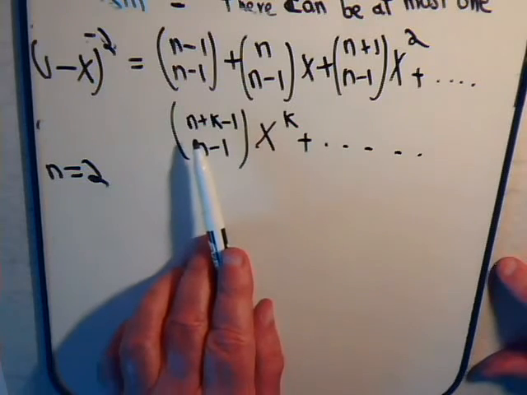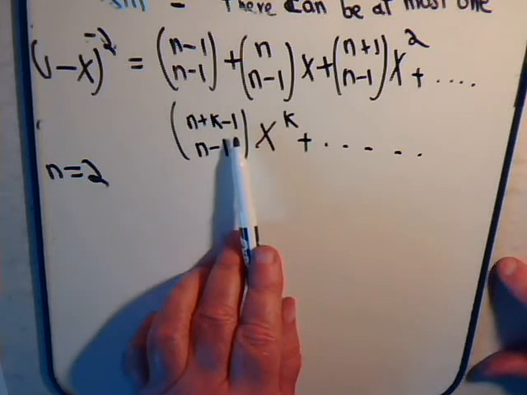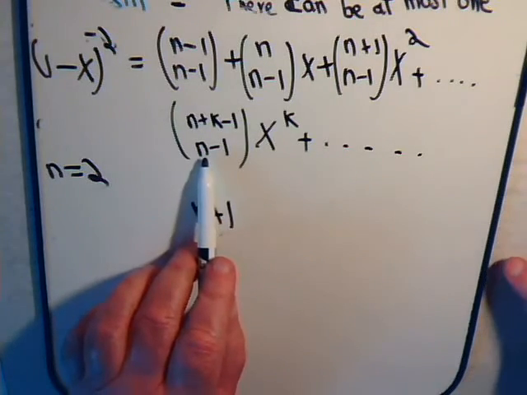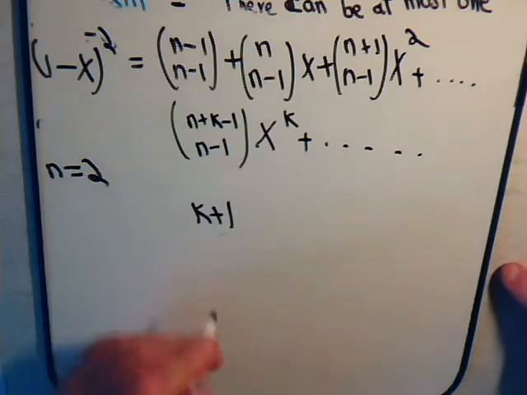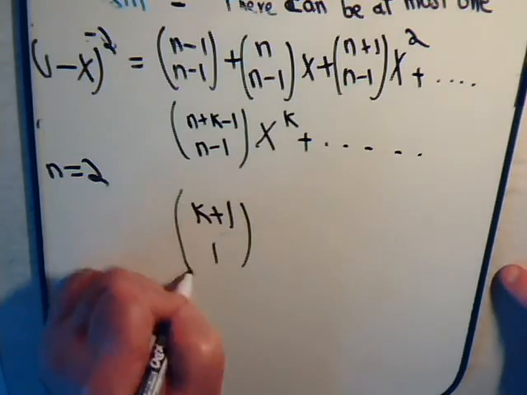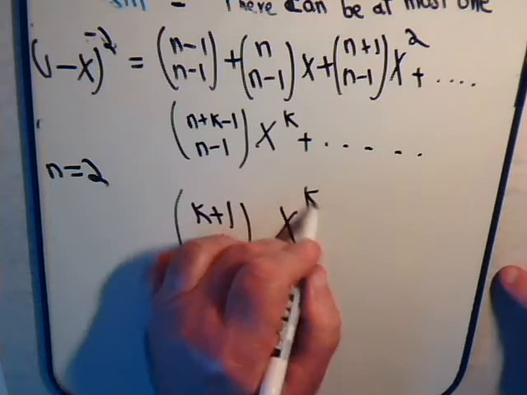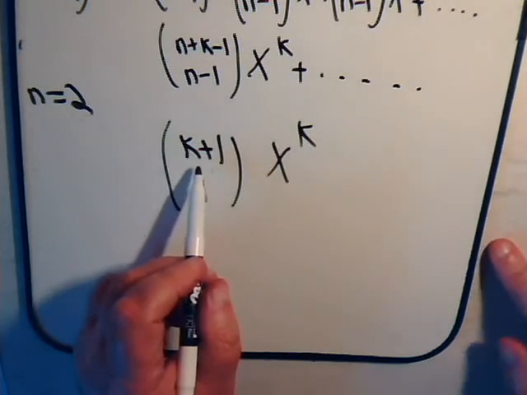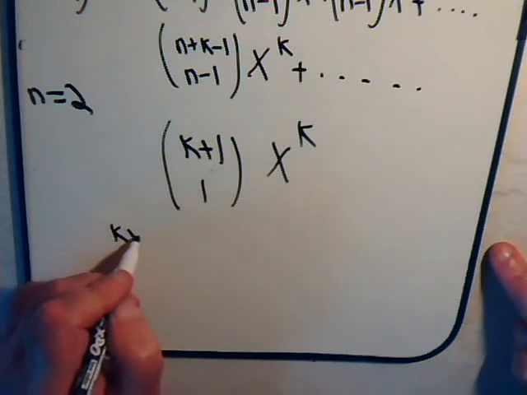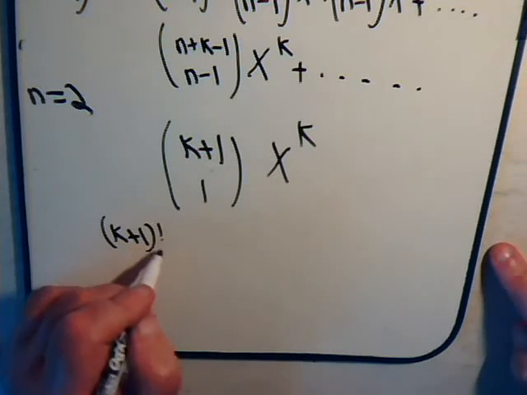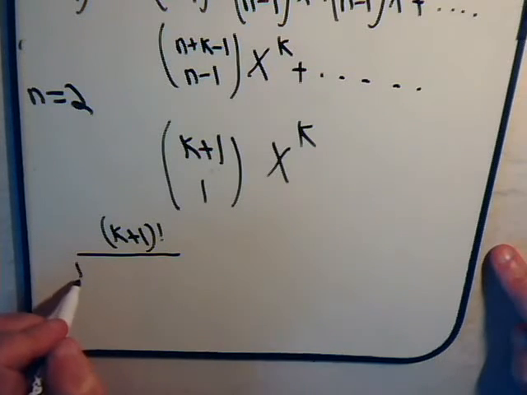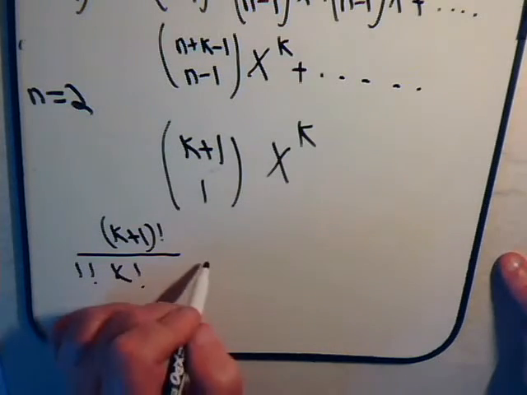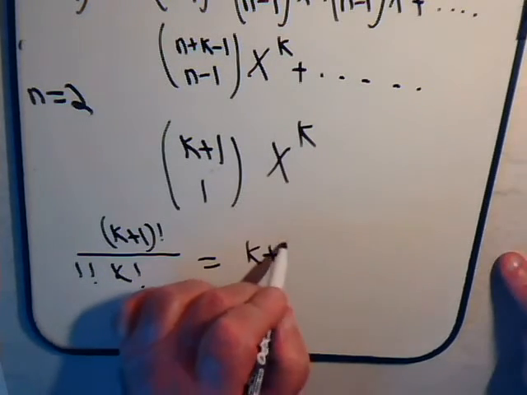So here we have 2 minus 1 is 1, so we have k plus 1, and 2 minus 1 is just 1, so that right there is the coefficient of x to the k. And this is k plus 1 factorial divided by 1 factorial times k factorial. And this just equals k plus 1.